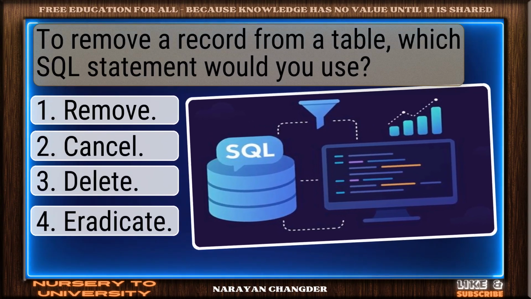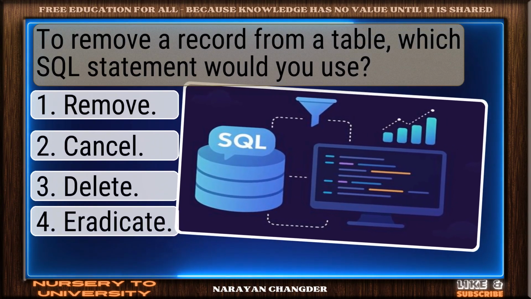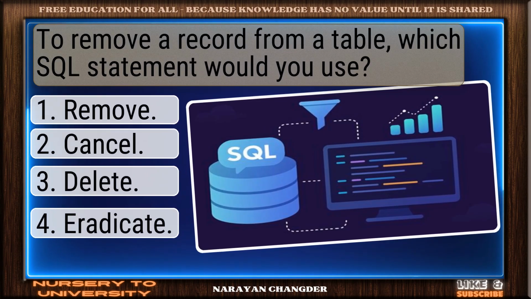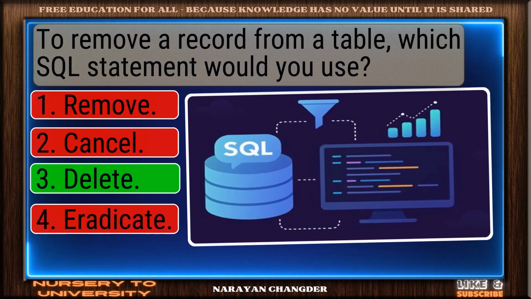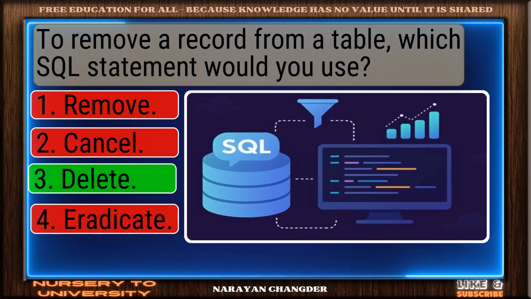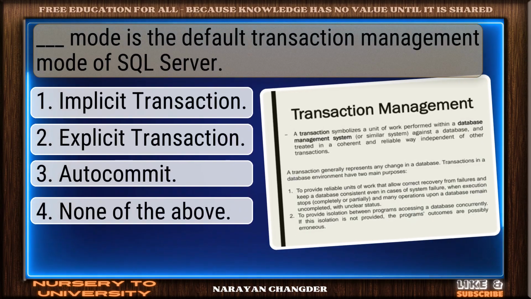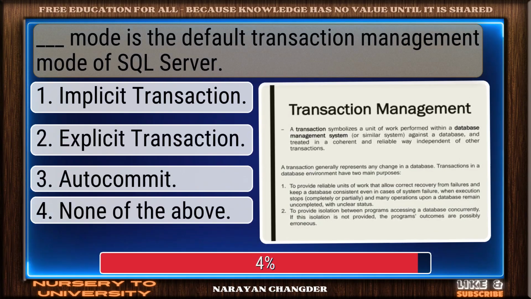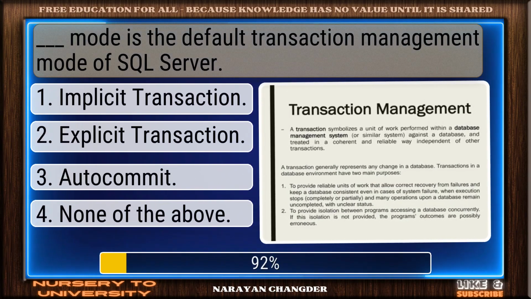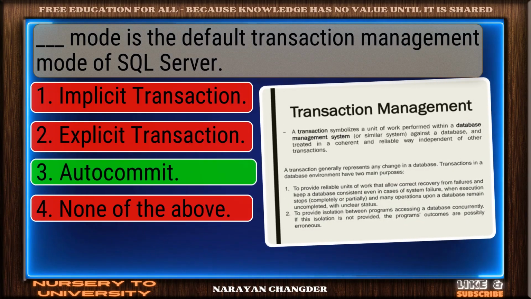Question number 26. To remove a record from a table, which SQL statement would you use? Right choice. Delete is the best answer. Question number 27. Dash mode is the default transaction management mode of SQL Server. Great thinking.